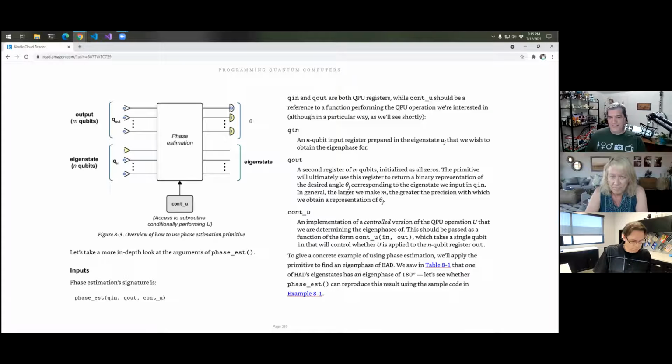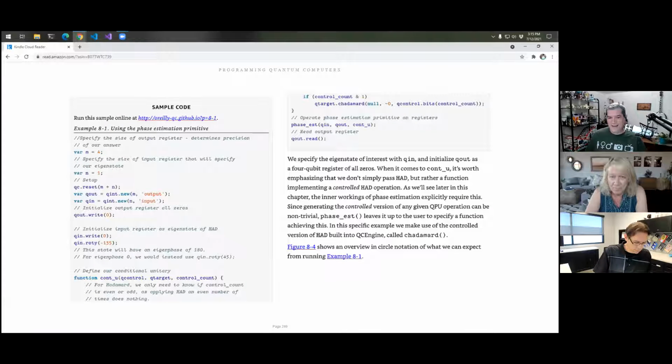And then it's kind of interesting talking about the calculation that you need to come up with to calculate the phase estimation, which is coming up with a conditional on the operation that you're using in a way that it will fit together.